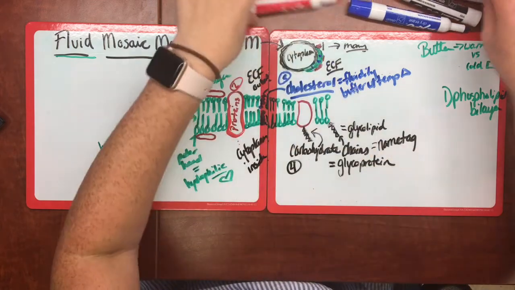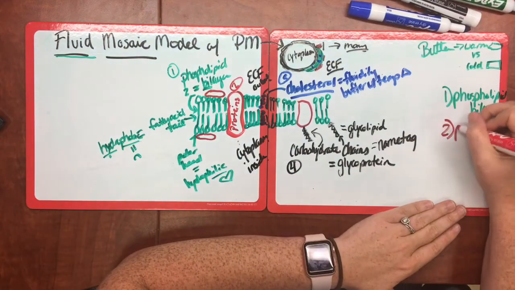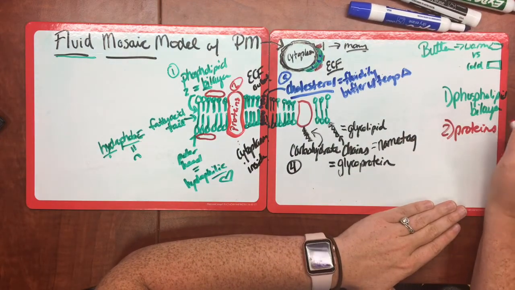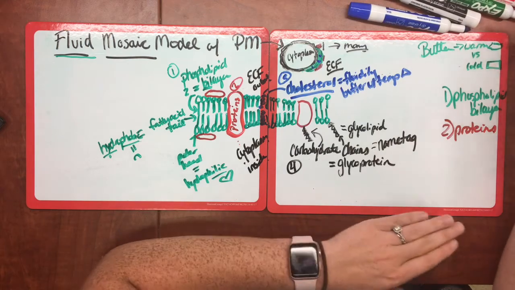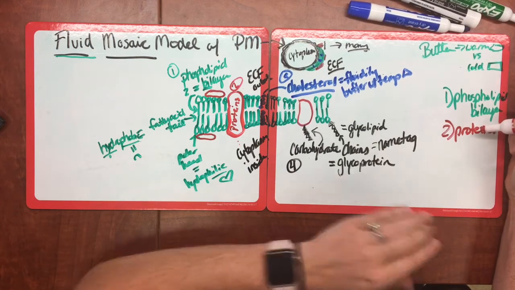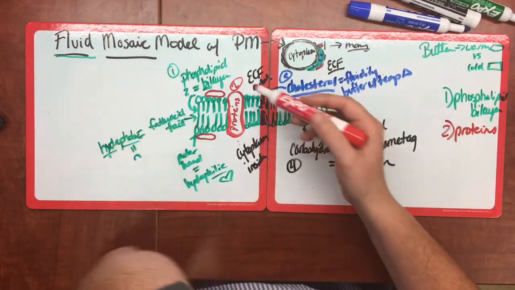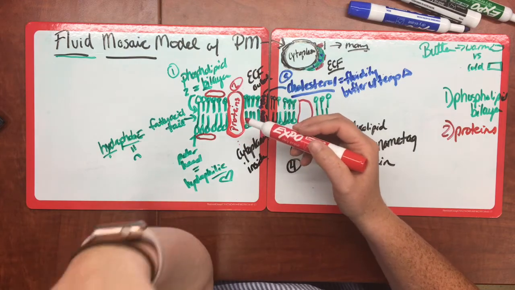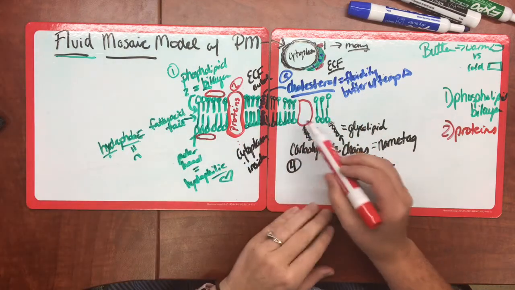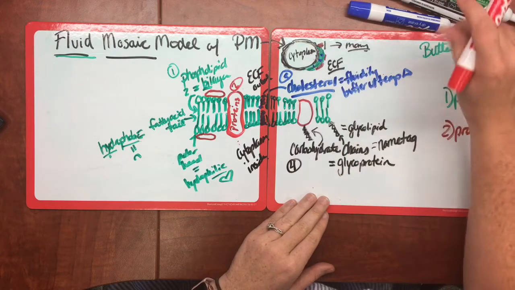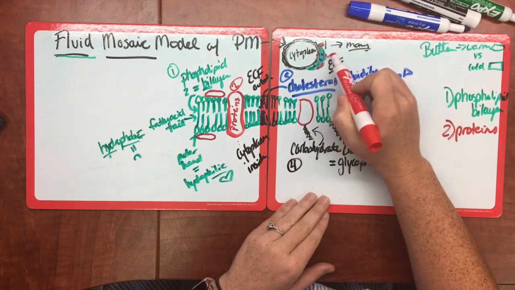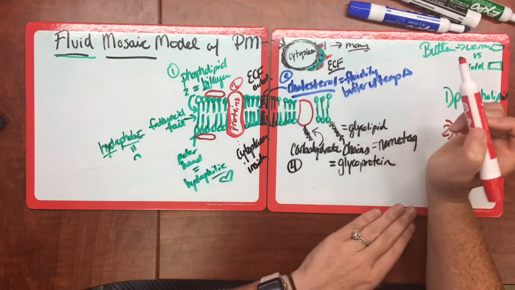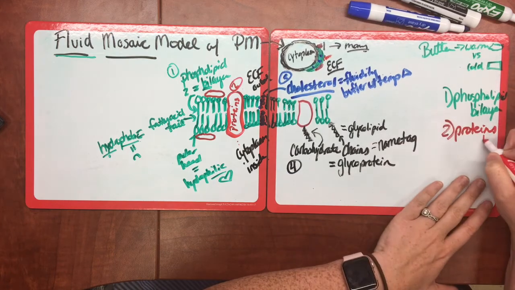Cue the membrane proteins. Proteins can help with transport, and they're really good at transporting substances through. They can act as receptors. They can act as enzymes. They can help link adjacent cells together. Say you had another cell out here, this protein could help you link together. There are lots of functions of proteins.